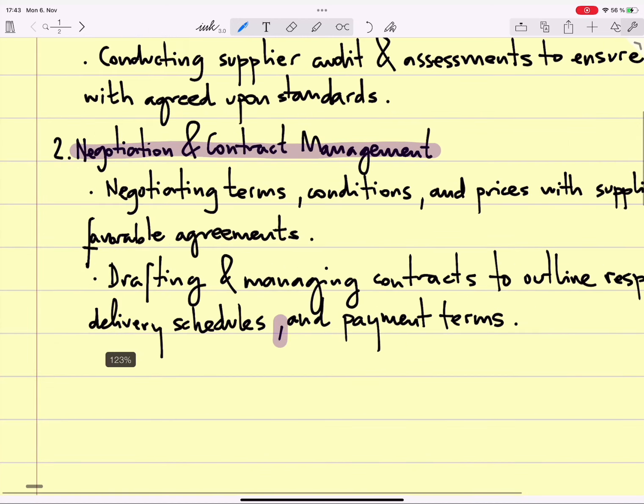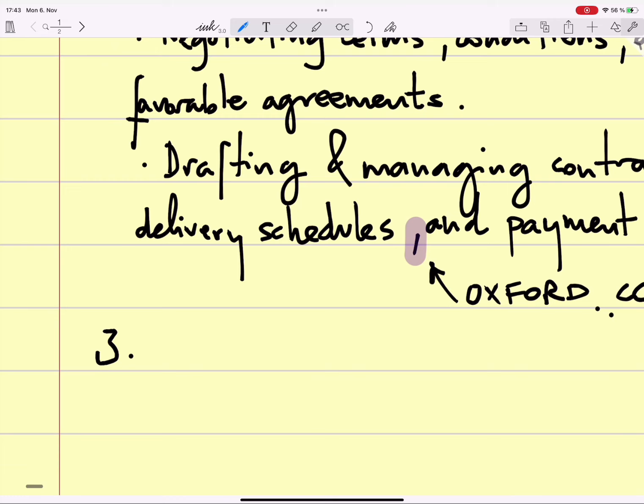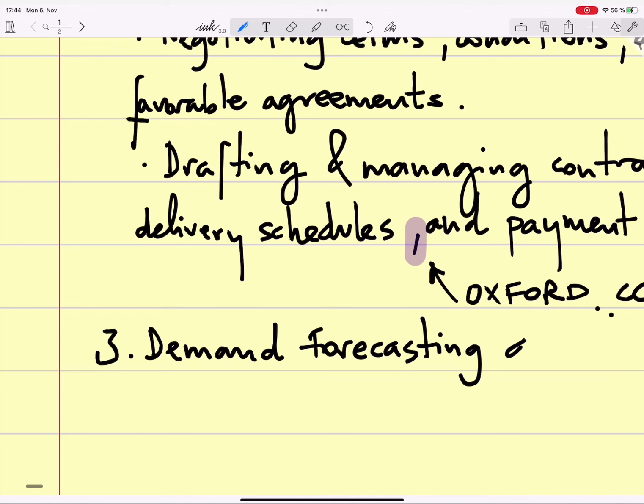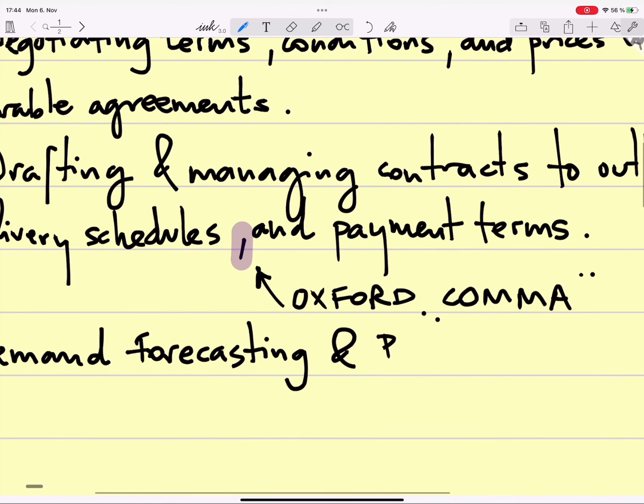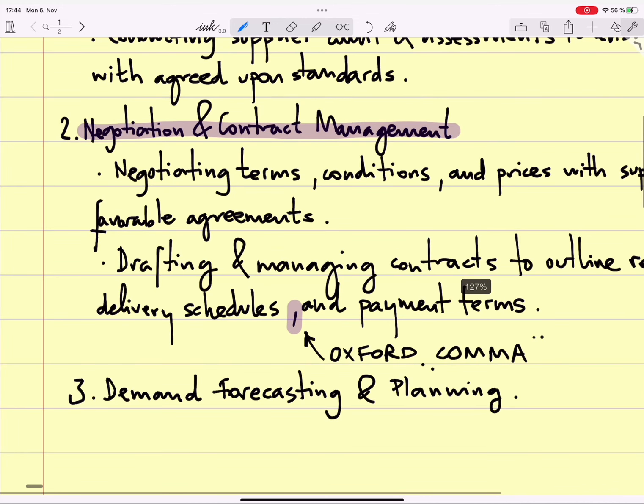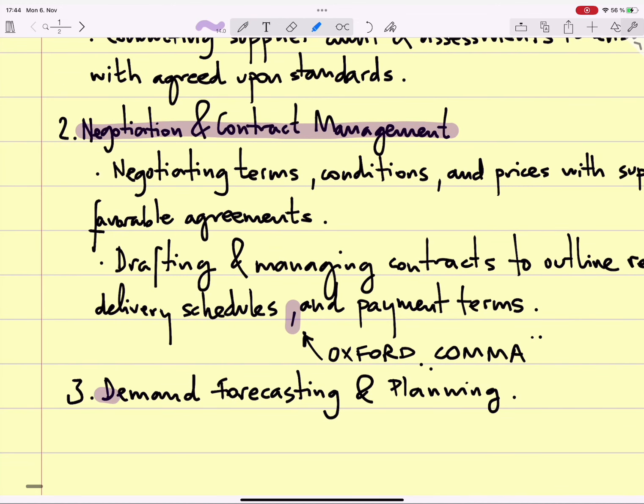Third thing is called, or the third main topic is called demand forecasting and planning. And this is, for instance, what SAP APO does, Advanced Planning Optimizer.